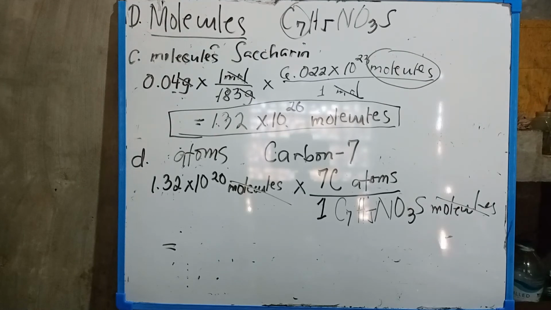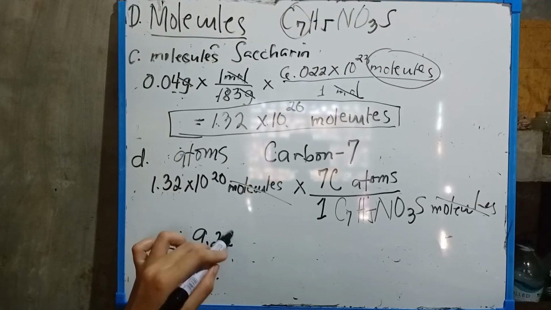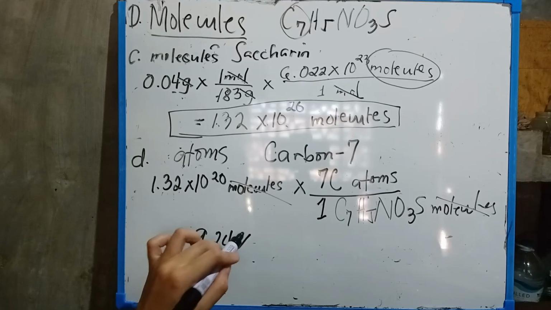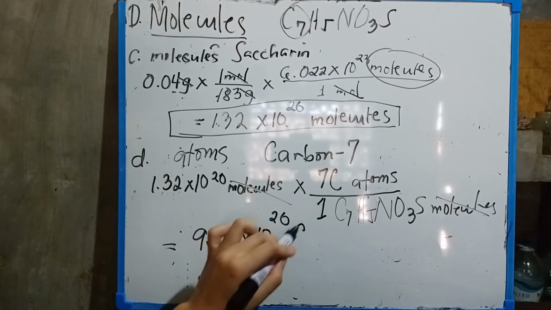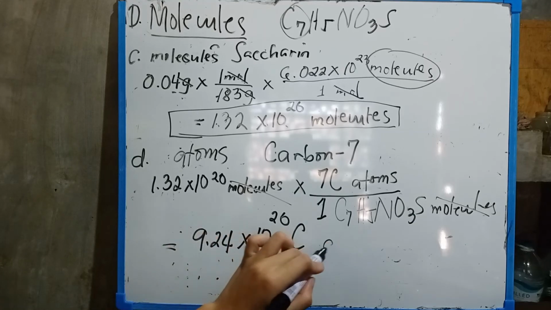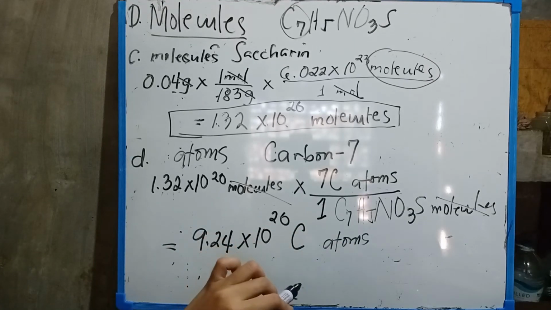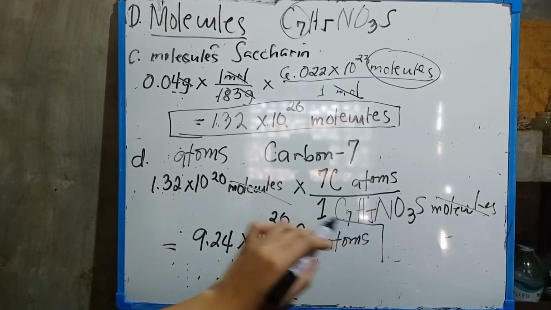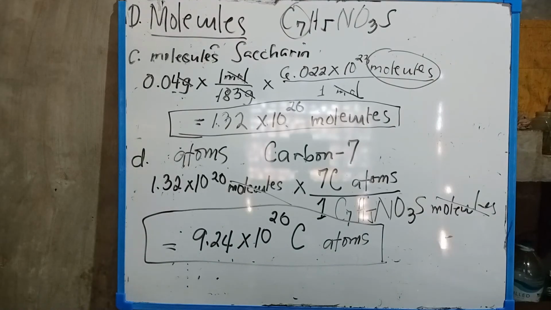So 1.32 times 10 raised to 20 multiplied by 7 divided by 1. So we have now 9.24 times 10 raised to 20 C atoms. The C stands for the carbon. So this is now our atoms of carbon in a compound.